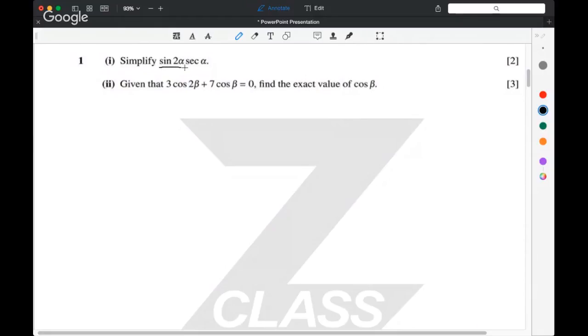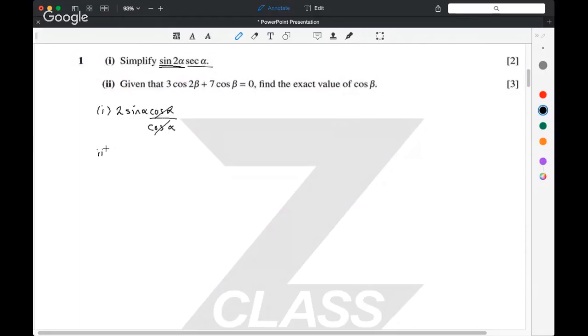We know from the formula booklet that sine of 2 alpha is 2 sine alpha cosine alpha. So that's good, all in sines and cosines. And sec is just 1 over cosine. Ta-da! 2 sine alpha, no problem.